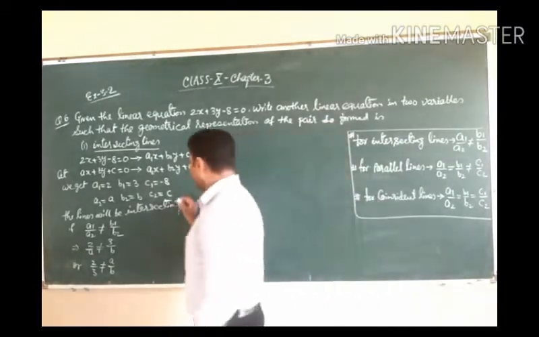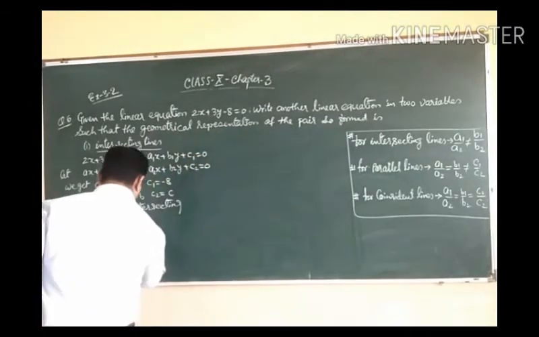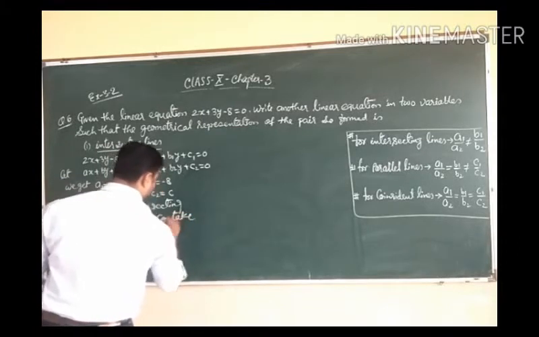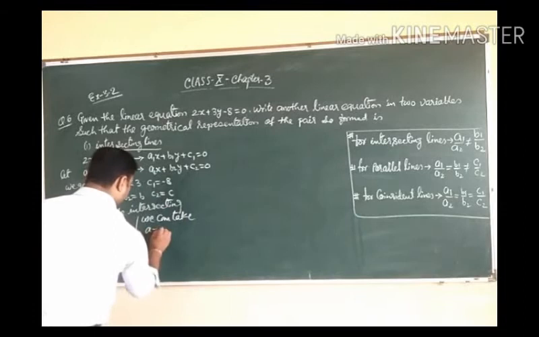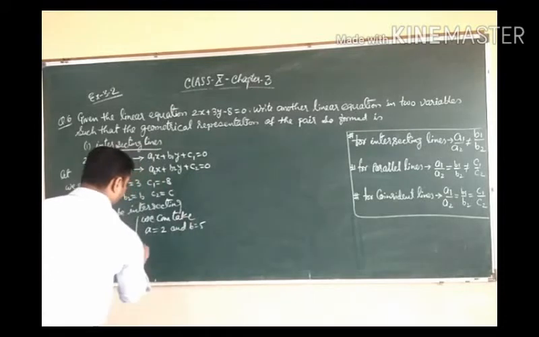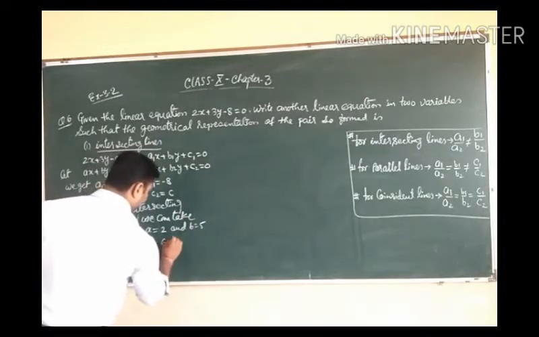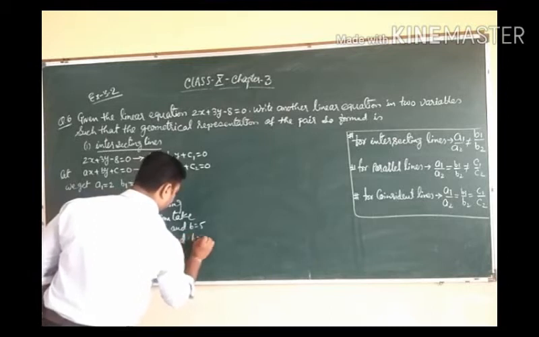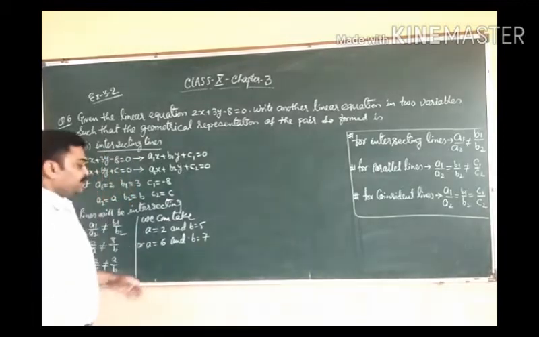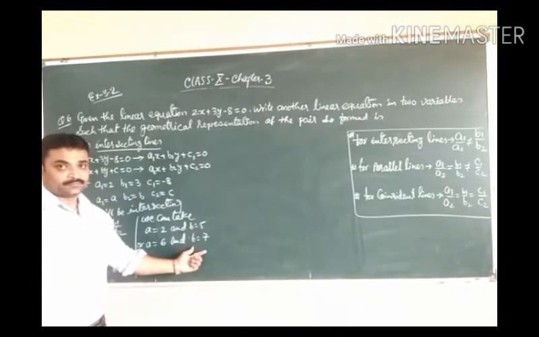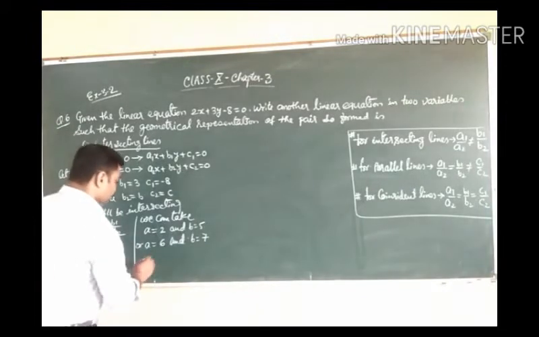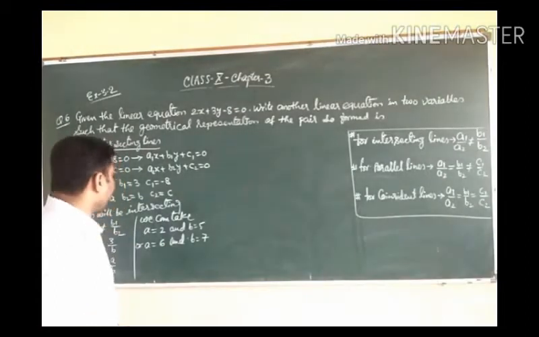That means we can take a is equal to 3 and b is equal to 5, or a is equal to 6 and b is equal to 7. Similarly, we can take any value of a and any value of b other than those giving 2 upon 3. Okay. So let us take any one value.